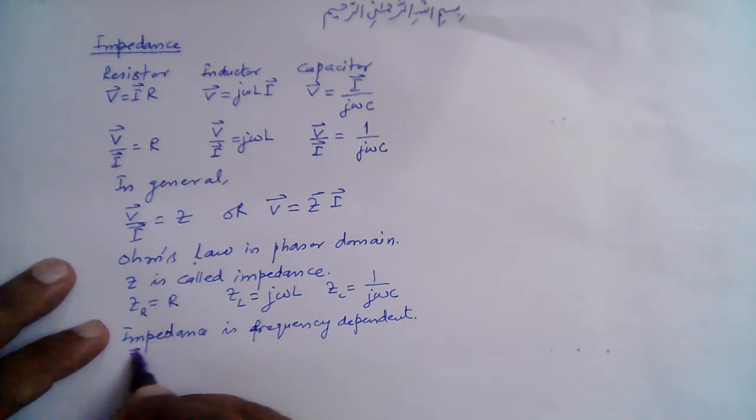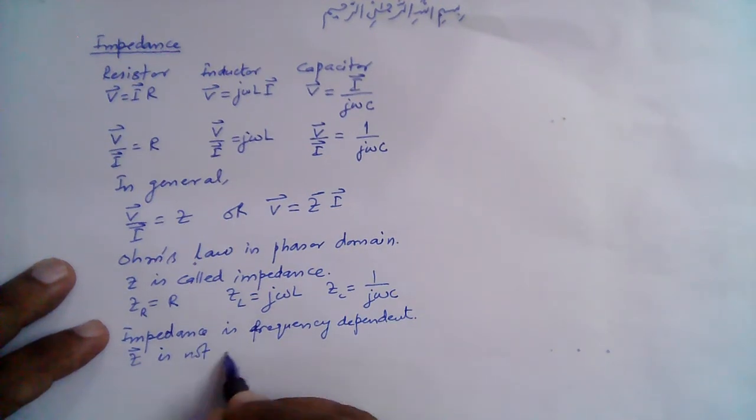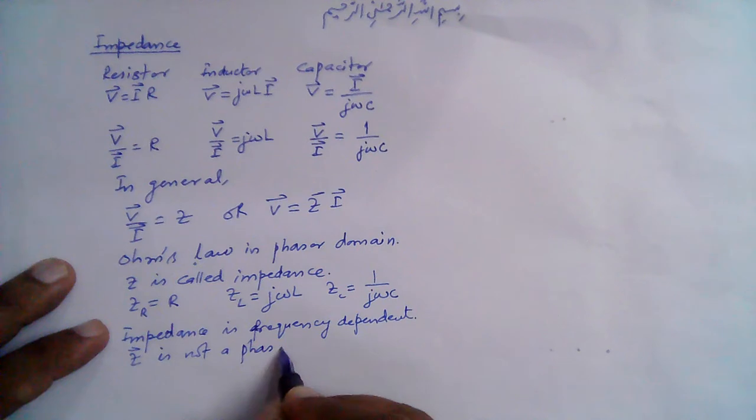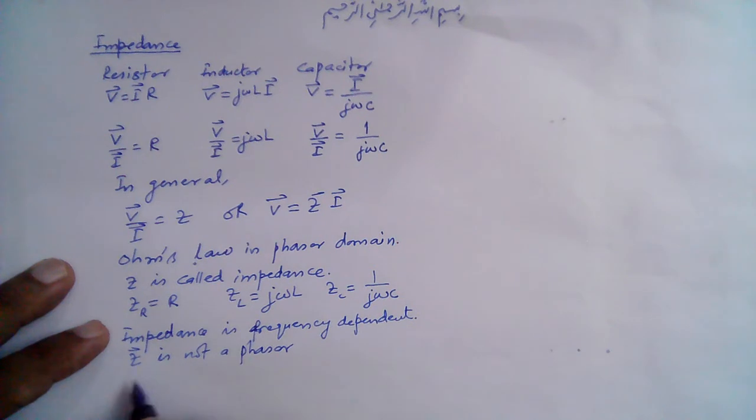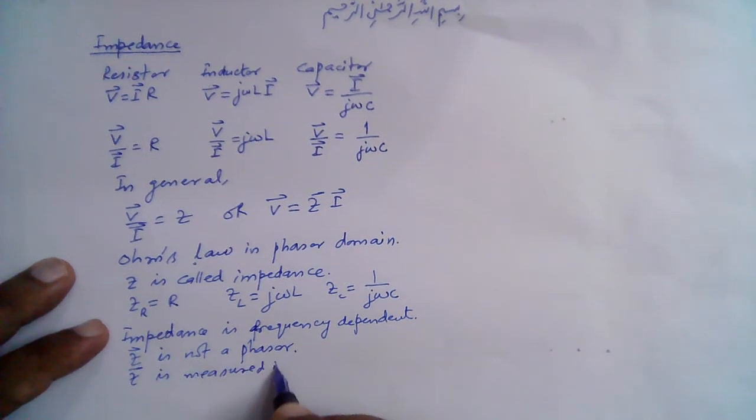So Z is not a phasor quantity. And like resistance, Z is measured in ohms.